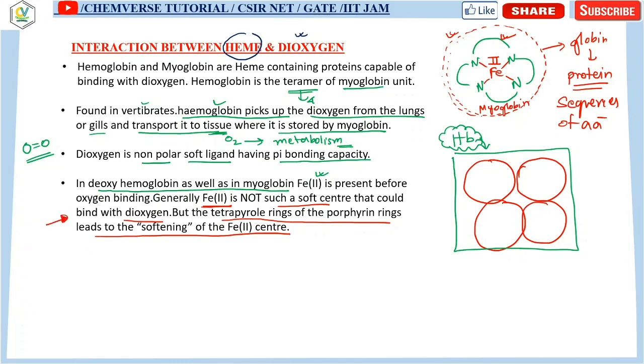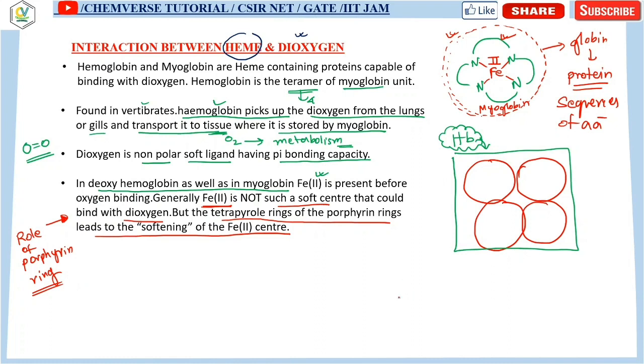So a question can be designed from this point: what is the role of the porphyrin? The porphyrin ring plays a very important role in softening the iron 2 center, so that it can bind with the oxygen. Okay.